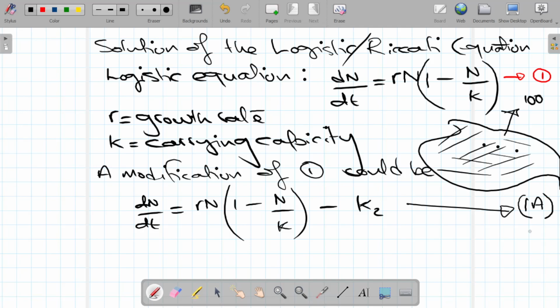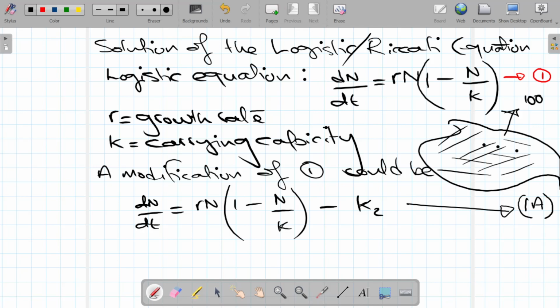So we just call that 1a for now. So we're going to look at a certain form of this equation and solve it in its entirety, and so we'll make a start with that.